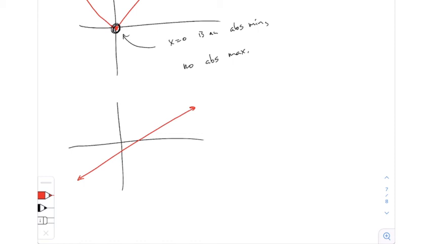No maximum or minimum points at all, local or otherwise. This has no extreme values at all. Right? I think maybe that'll do for my pictures of examples.